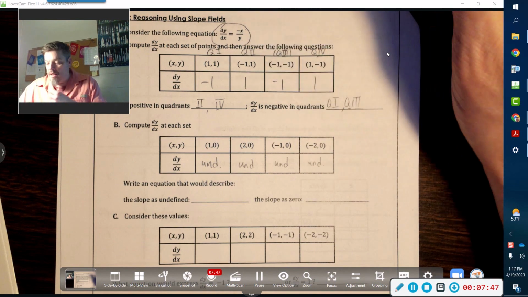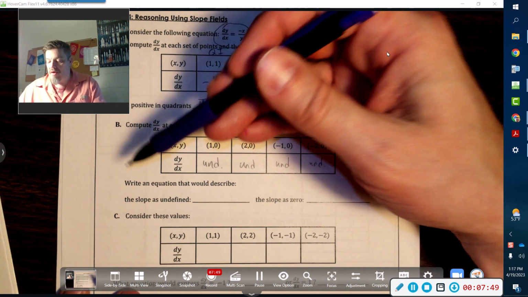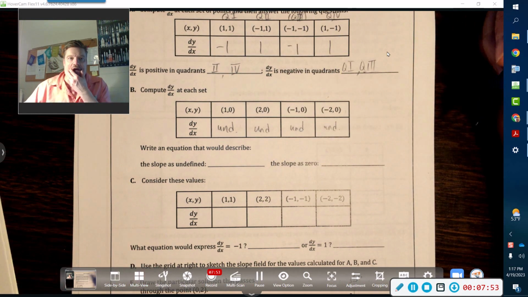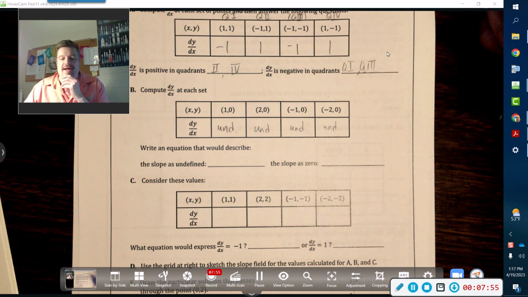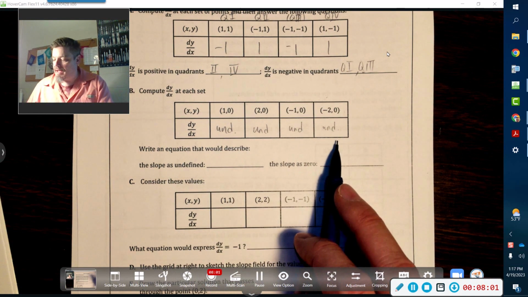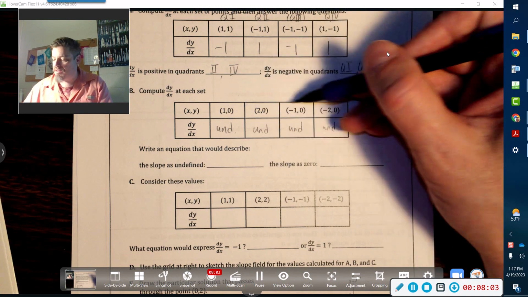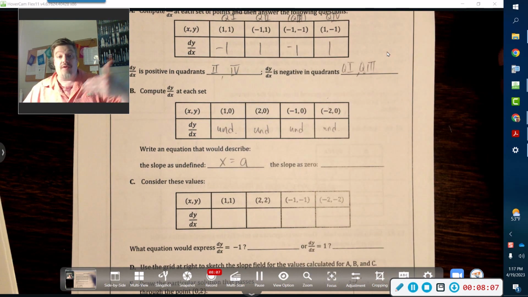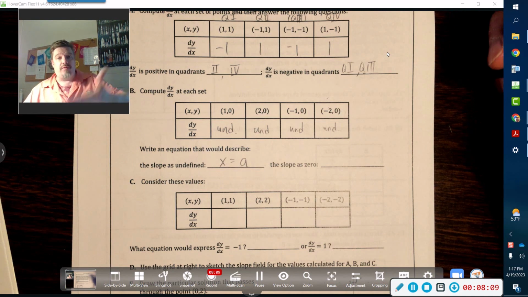Okay, so write an equation that would describe the slope as undefined. When the slope is undefined, what are we actually going to have? Looks like if the slope is undefined, then our x can be any value. It can just equal a number, and then y would be 0.